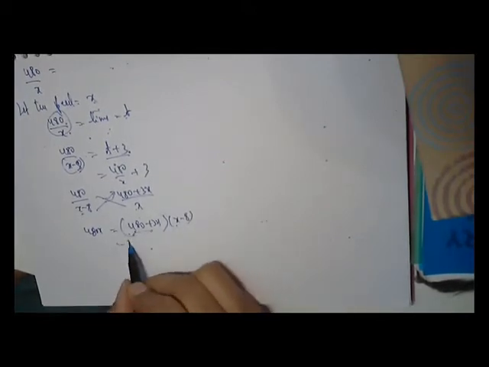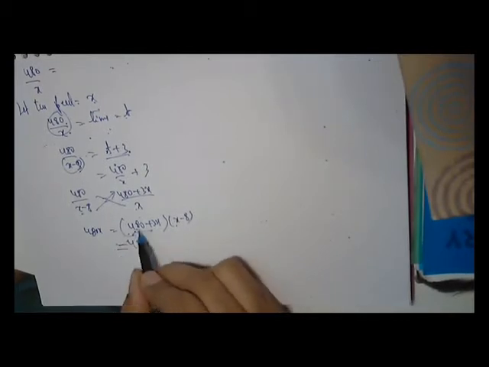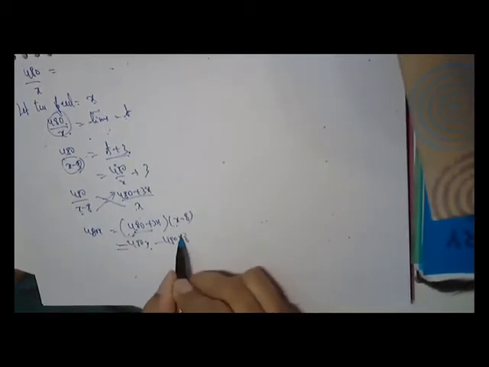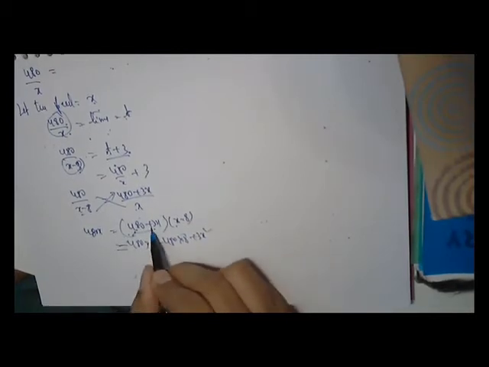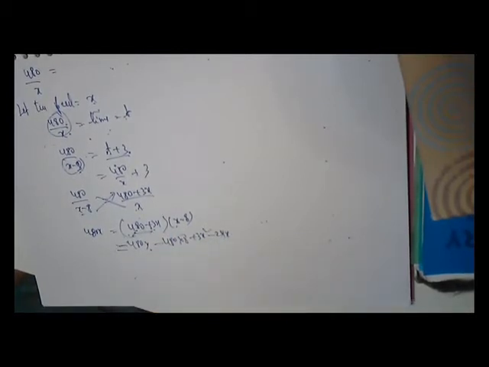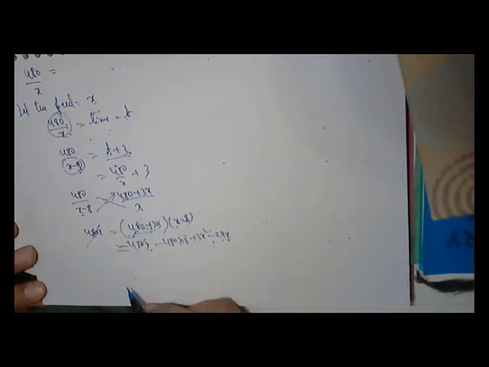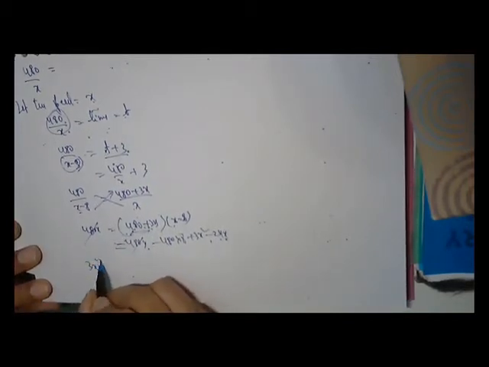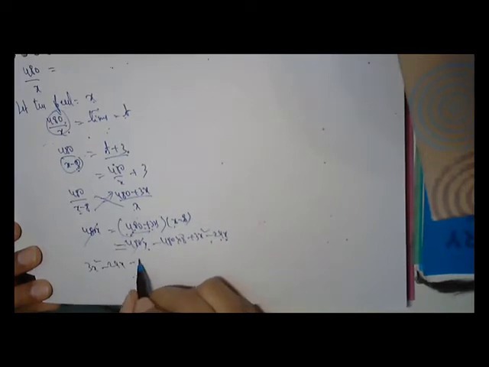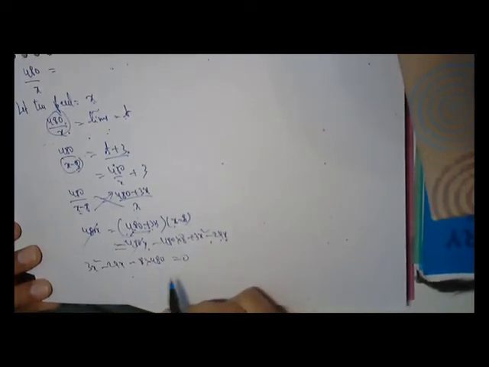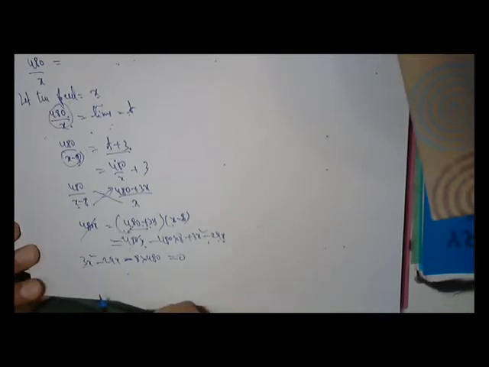So here 480 into x minus 480 into 8 plus 3x into x plus 3 into minus 8 is minus 24x. 3 eights are 24, plus into minus is minus, x into x is x square. So this 480x cancels. What is my equation left? 3x square minus 24x minus 8 into 480 is equal to 0. All terms are divisible by 3, so both sides I am dividing by 3. 0 by 3 is 0.